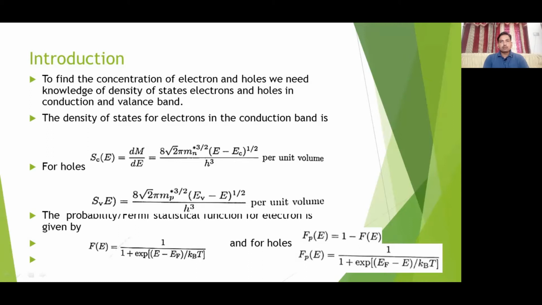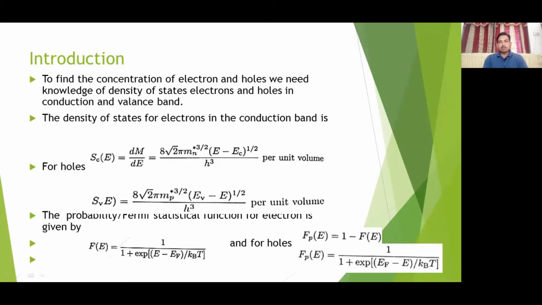The probability function is also well known to us. The probability function to find an electron is f of E, equal to 1 over 1 plus exponential of E minus EF over kBT. If you want to find the probability function for the holes, meaning not electrons, then overall the probability is 1. If you subtract the probability function of the electron from 1, then you get the probability function for the hole.